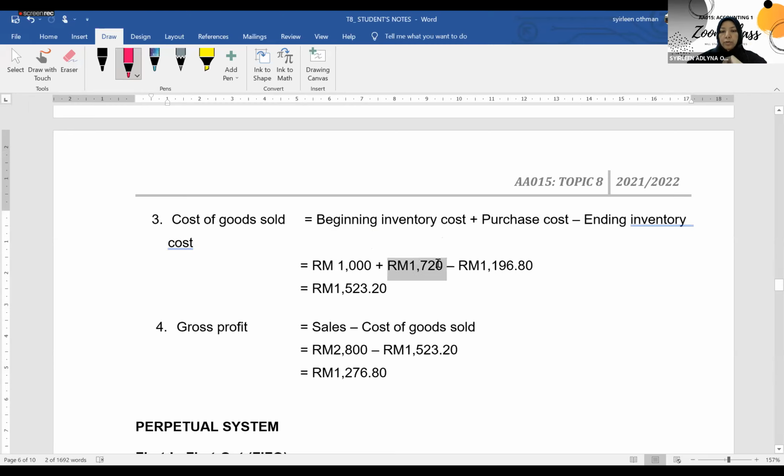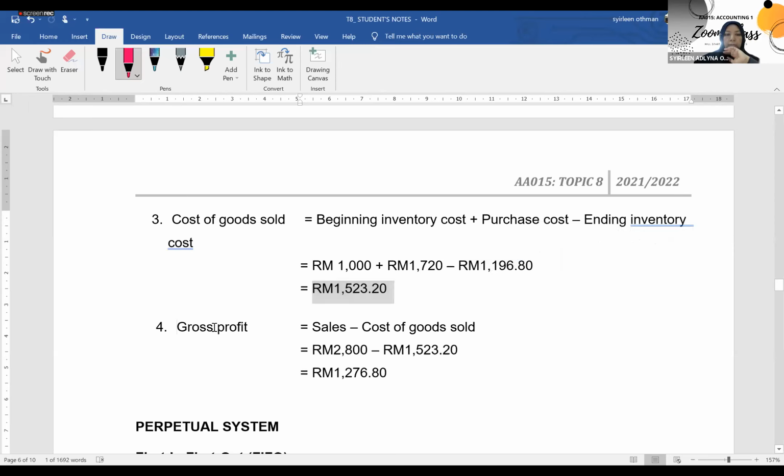Ini adalah nilai yang you beli tadi. Tapi yang bezanya dengan FIFO tadi ialah your ending inventory. Sebab tadi ending inventory we go by batch, but when we are using the weighted average, harga dia kekal pada satu nilai yang sama. So automatically you'll get RM1,196.80. So your COGS is 1,523. So nilai ni kita akan ganti untuk kira gross.